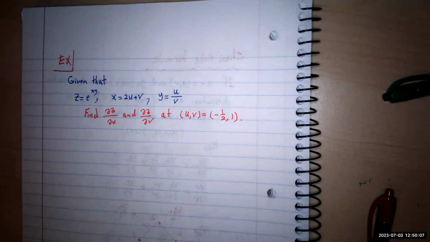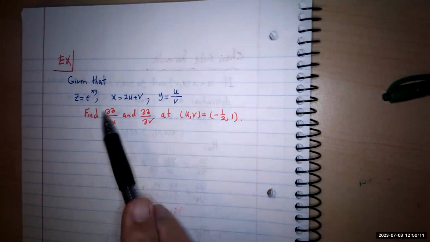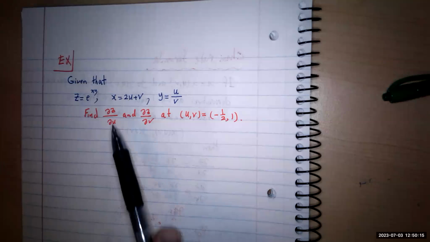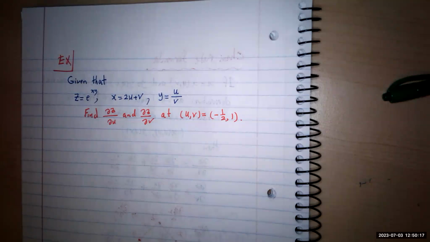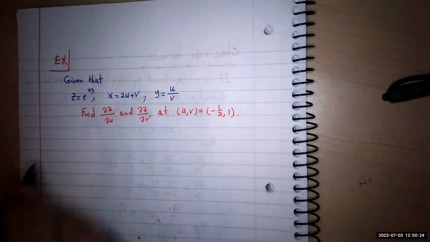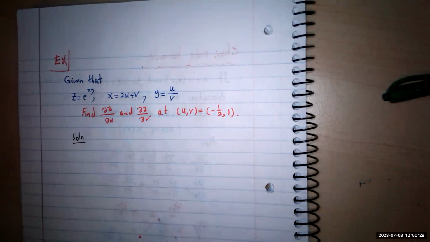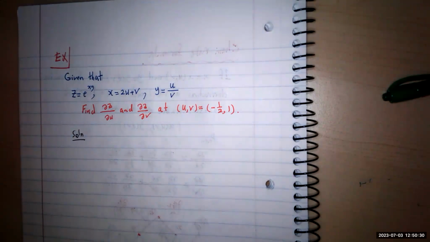First thing to do: because the point you are given is in u and v, you may need x and y as well. So you had better find x and y so that you are ready for all the possible substitutions. So the first thing to do is find the corresponding values for x and y.